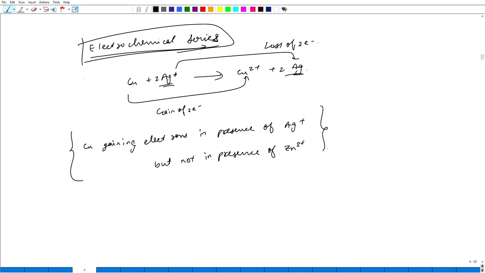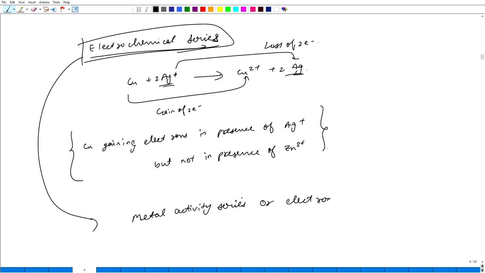This series is also known as the metal activity series, so there are two names: electrochemical series or metal activity series.